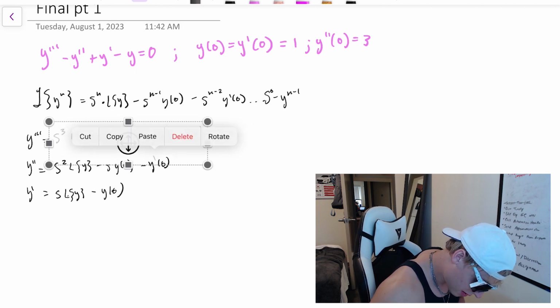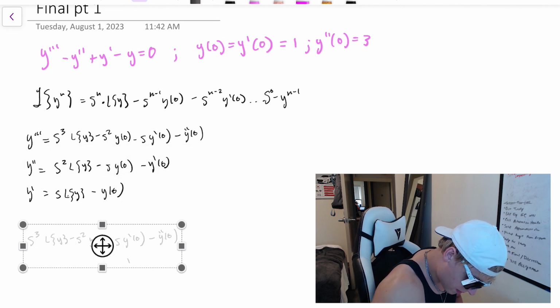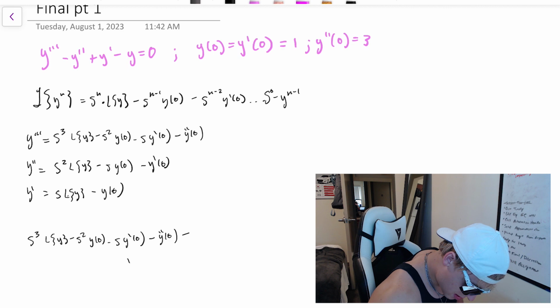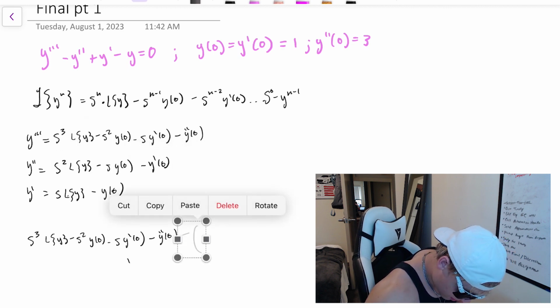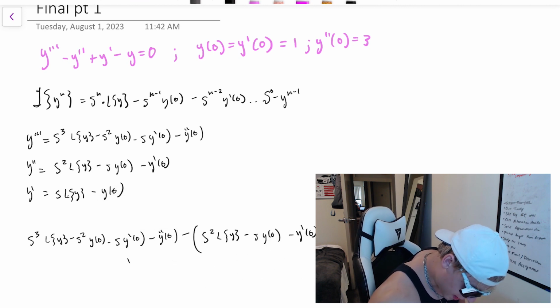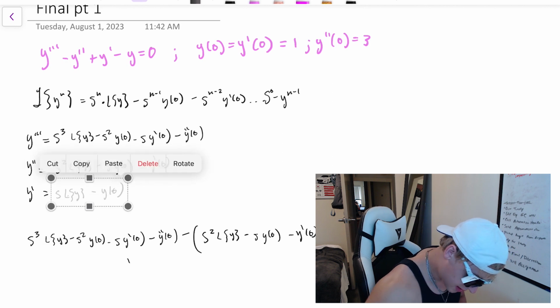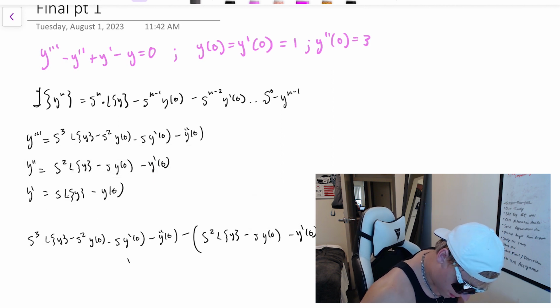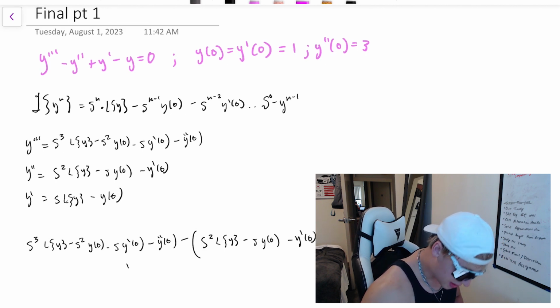So we're essentially going to have all of this here, and it's going to be minus everything here, and then it's going to be plus everything here, and then it's going to be minus y equals 0.